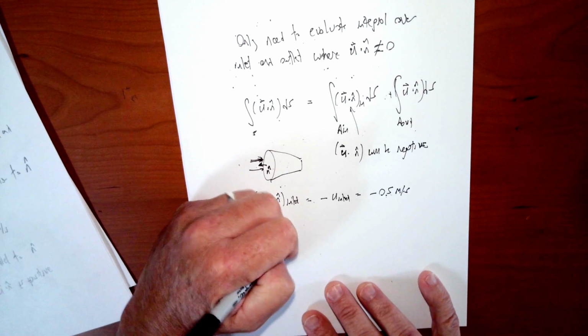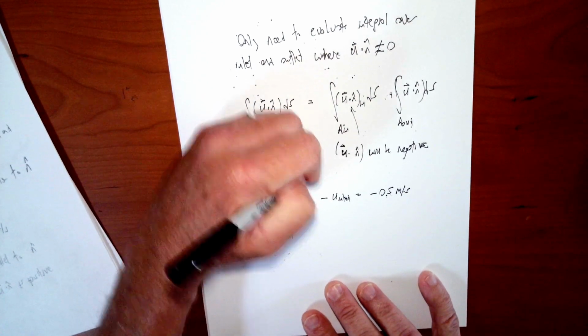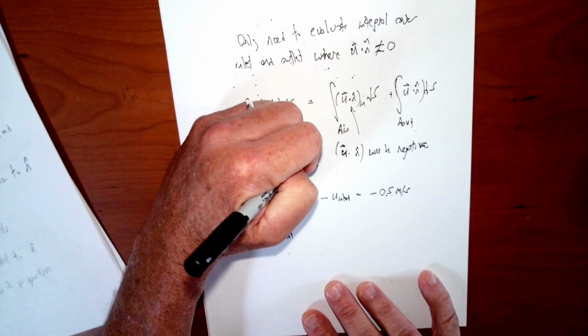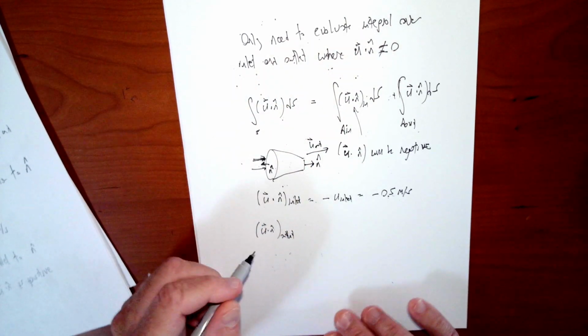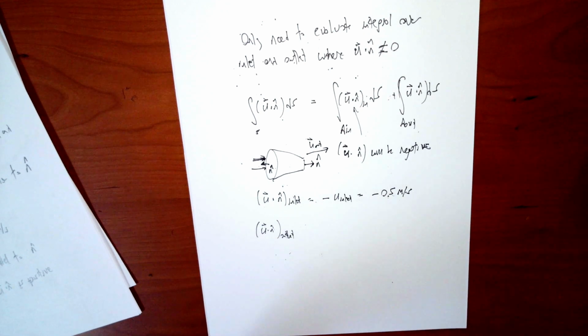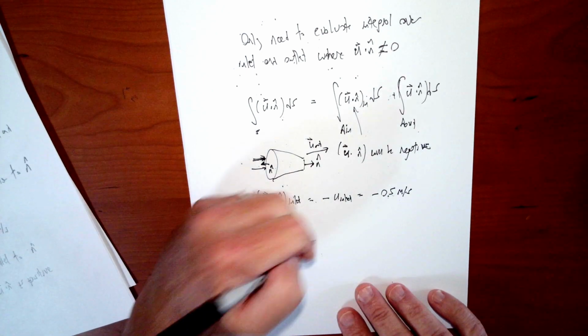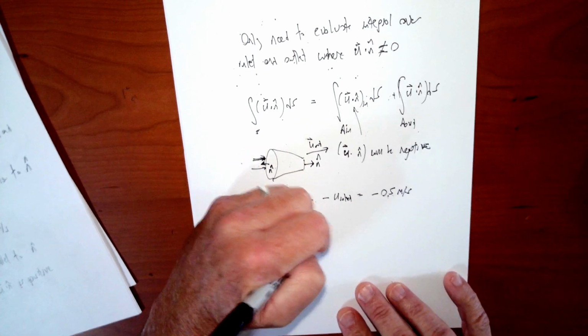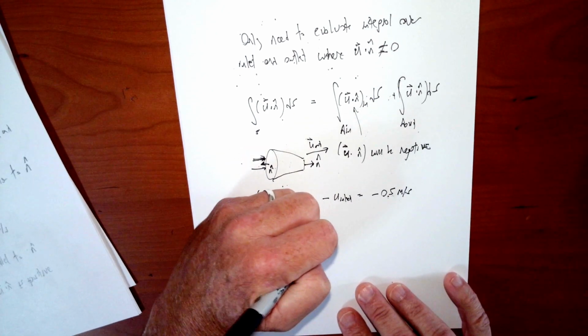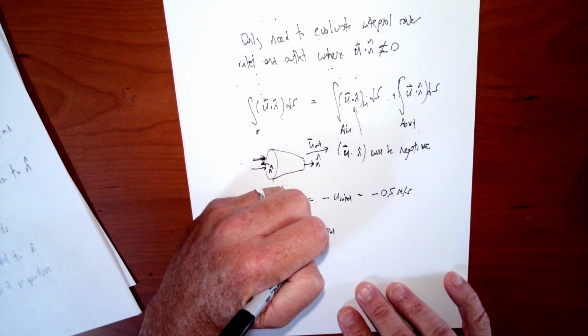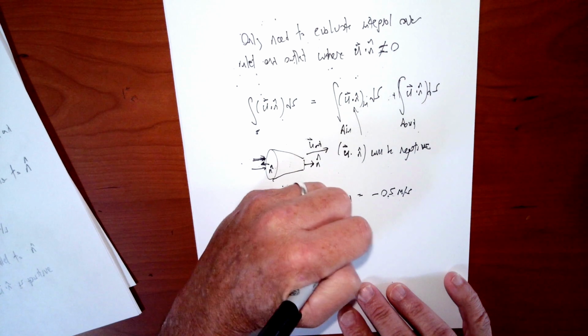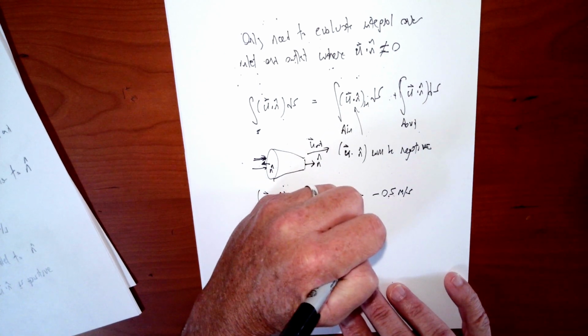The n hat vector is going to point that way, and the u out is also going to point that way. So they're both aligned again, so the magnitude isn't going to change, but the sign is going to be positive because they're pointing in the same direction. So it's going to be whatever the outlet velocity is, just with a positive sign. But this outlet velocity varies with position.